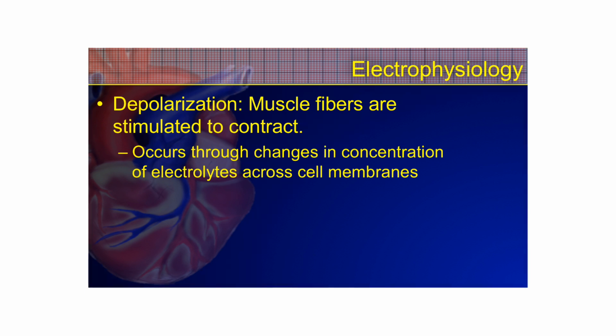So a polarized cell normally has a net internal charge of negative 90 millivolts. We're going to bring that up again shortly, but it sits in this negative state of negative 90 millivolts, and then it's going to get changed based on the presence of these electrolytes.